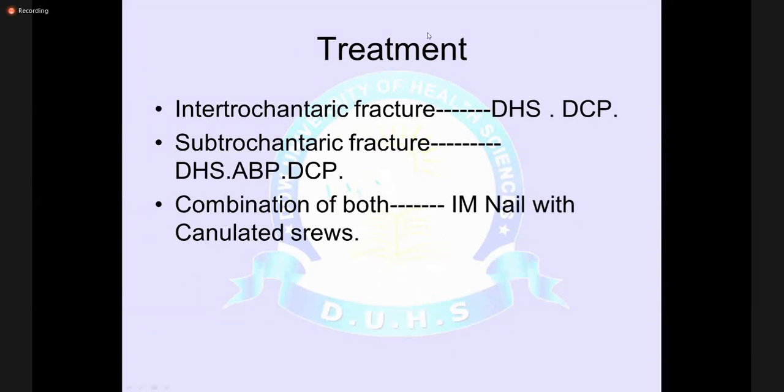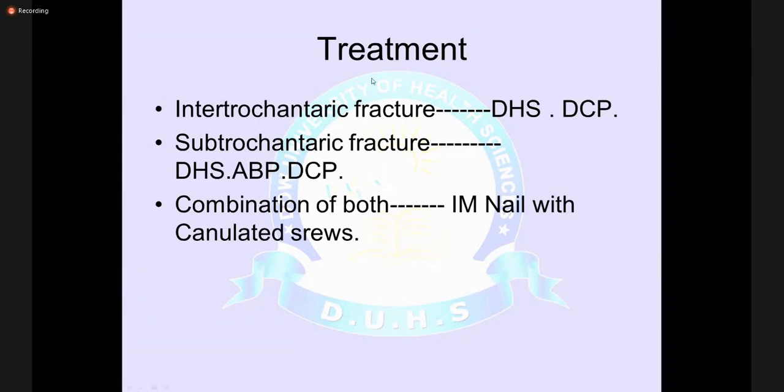While the intertrochanteric fracture can be treated by DHS, dynamic hip screw, dynamic compression plate, and now the new modalities of the PFNA, proximal femoral nail, PFNA.